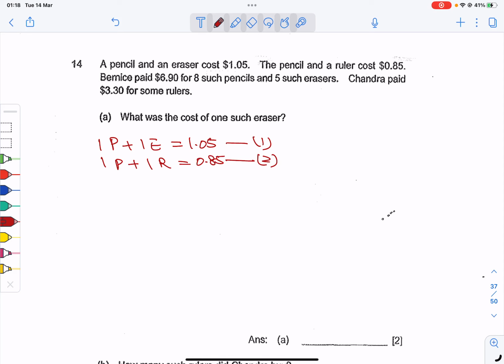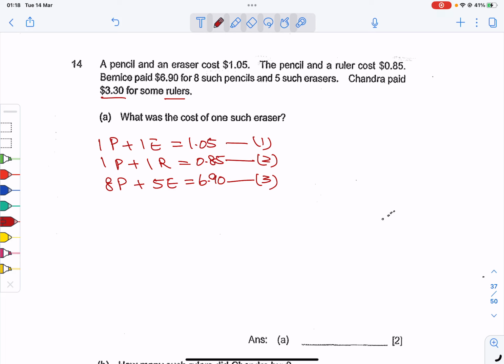Statement 3: Bernice paid $6.90 for 8 pencils and 5 erasers. Chandra paid $3.30 for some rulers. A. What was the cost of one such eraser?